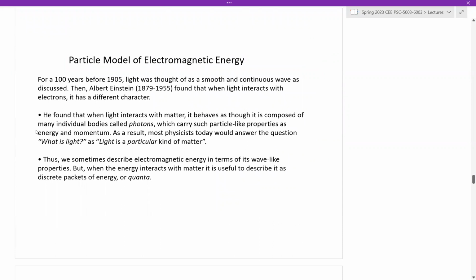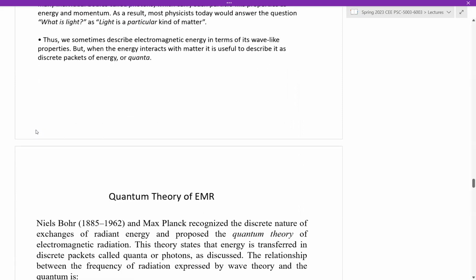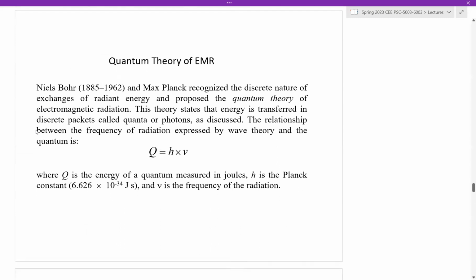So as we move through this presentation, the particle model of electromagnetic energy, or theory of light, describes light as objects without mass, but that as an object can interact with other objects depending on their properties.